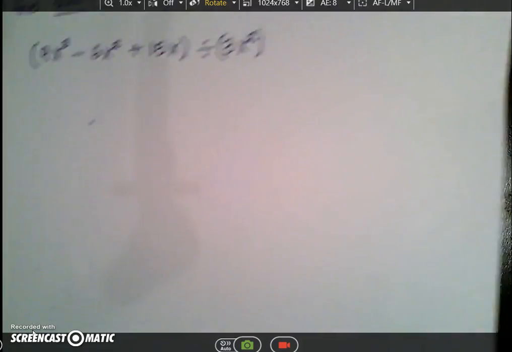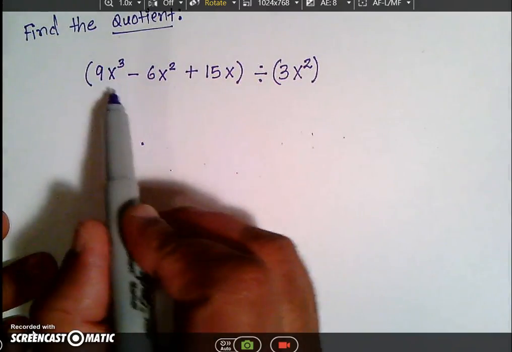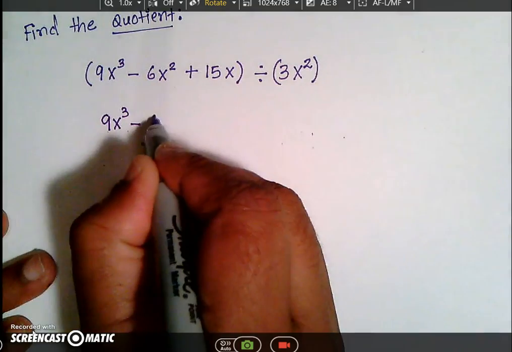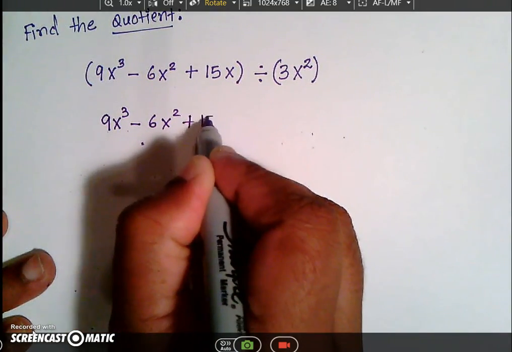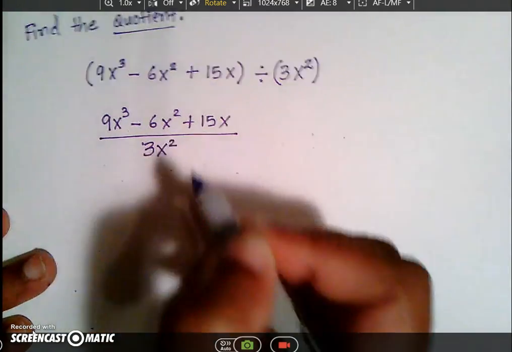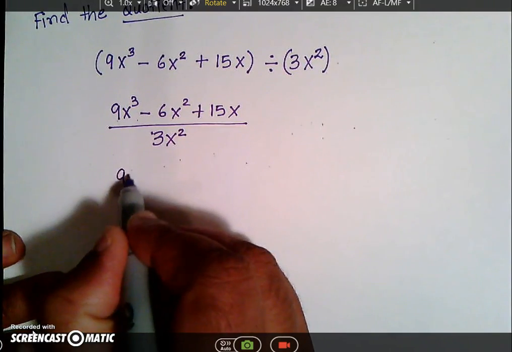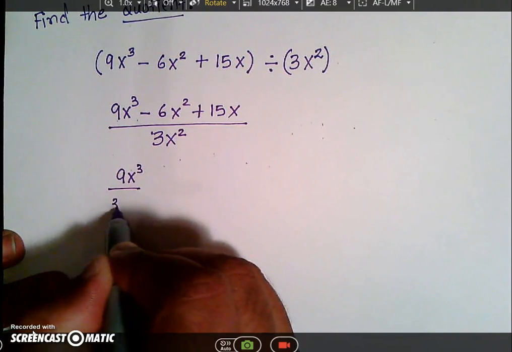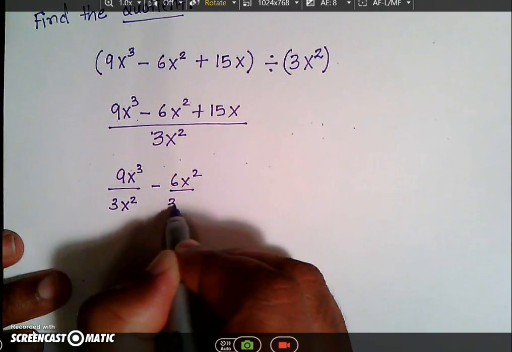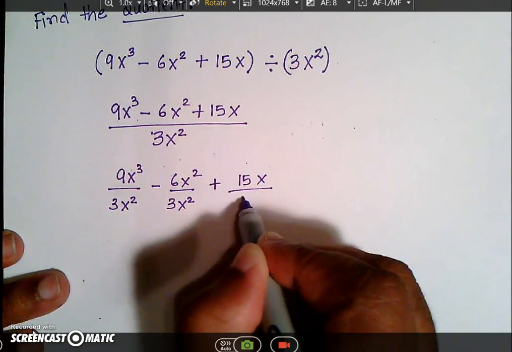So when it comes to division, I'm dividing every single term with that monomial. So if I have to divide 9x cubed minus 6x squared plus 15x divided by 3x squared, I'm dividing every single term by that 3x squared. So this is 9x cubed divided by 3x squared minus 6x squared divided by 3x squared plus 15x divided by 3x squared.